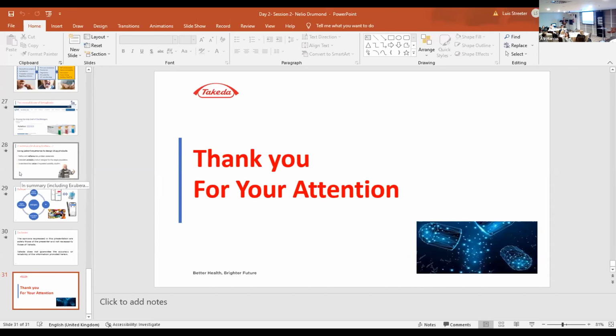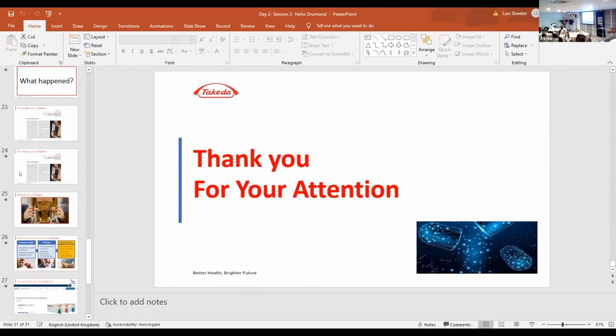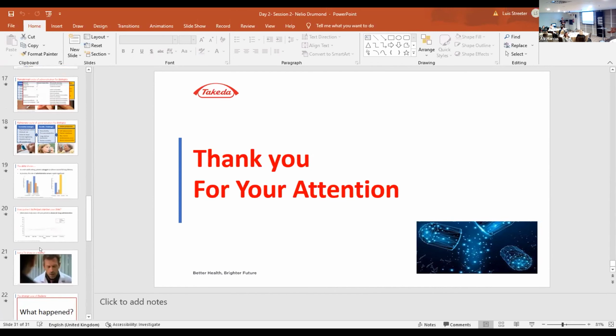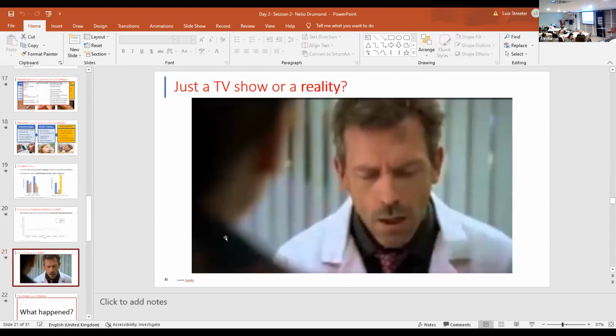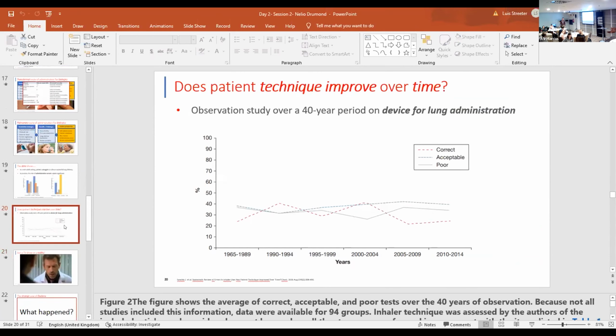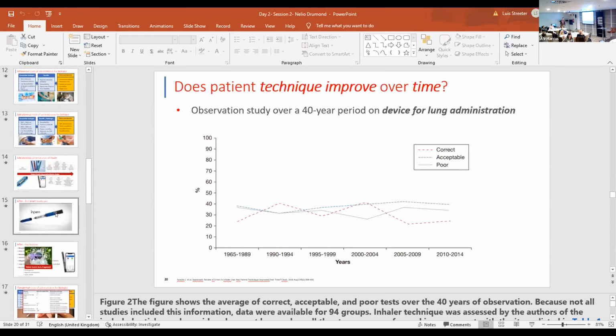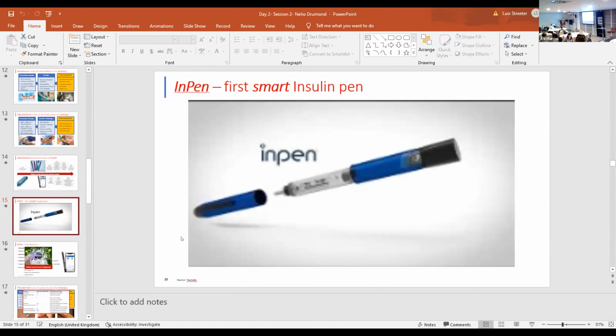A comment about Exubera. This was actually patient-centric because the decision was to bring it on the market even though the device was not ready, because it was intended for patients with fear of needles or injection. But for those patients, the idea of a new administration was attractive, even though the device was not masked.